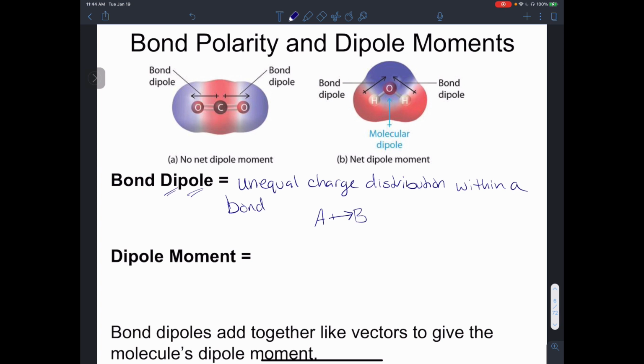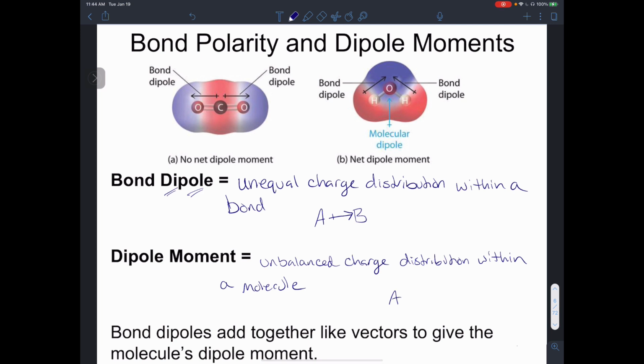Now here we're looking at just one bond. It happens to make up a simple molecule with two elements, but let's take a look at that bond in a larger context, a dipole moment. This refers to unbalanced charge distribution within a molecule.